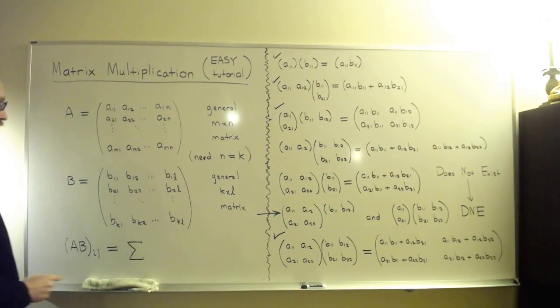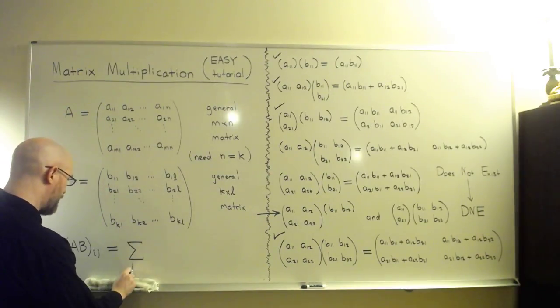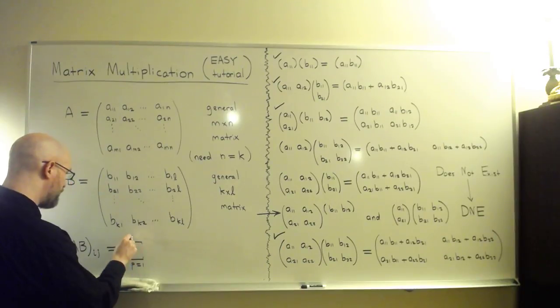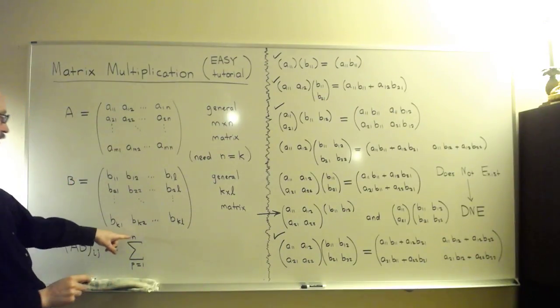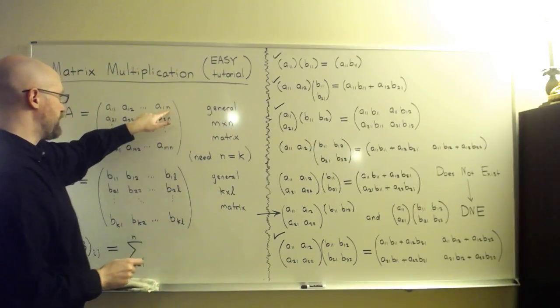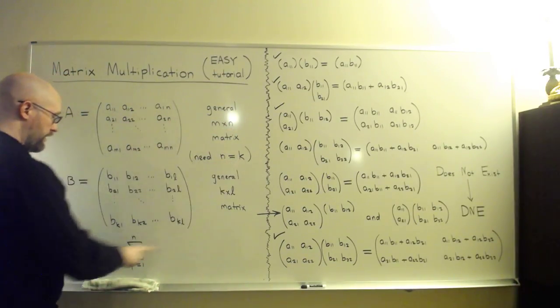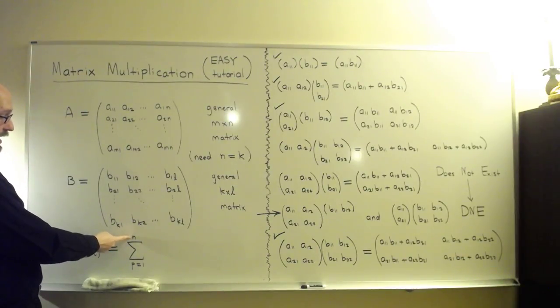So I'm going to write here, I'm just going to use a letter P for an index of summation. And P is going to go from 1 up to N. Now this N here is the same as that N there, which is the same as this N here. And notice it also has to be equal to the K, so I could just as well have written K here.